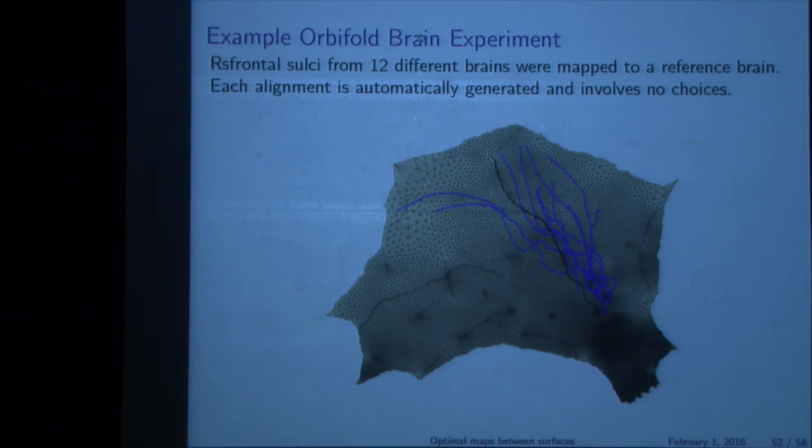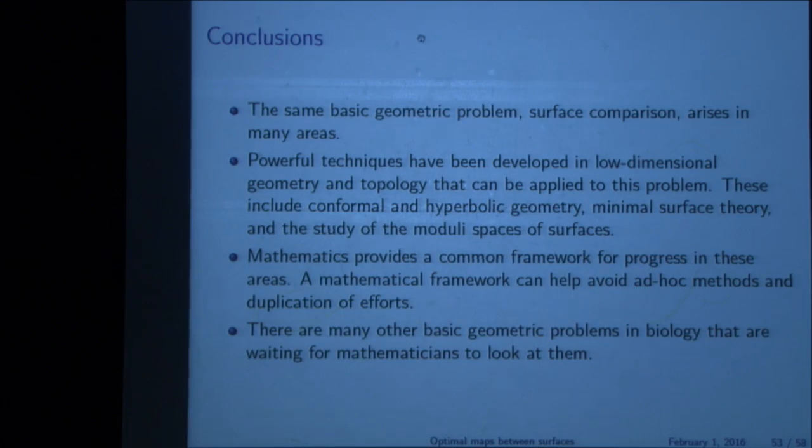Now, I can't tell you whether there's any geometric or biological significance to that, but there could be. One of our goals is to get a package together that would allow biologists to experiment with such things to see if there's any interesting biological information in these correspondences.